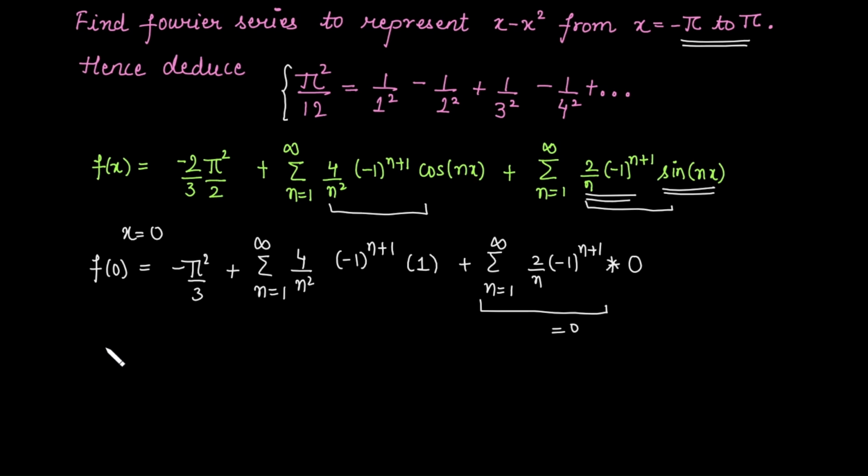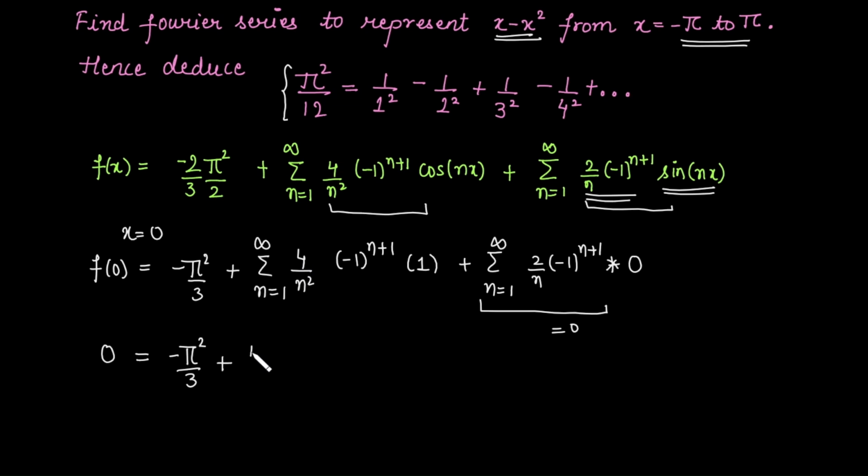So this is equal to f of 0. Now what is the function? The function is x minus x square. Substitute 0 over here, so 0 minus 0 square is 0. And this is minus pi square by 3.